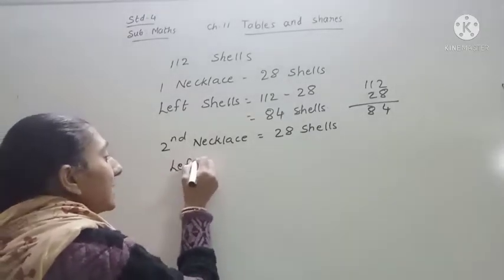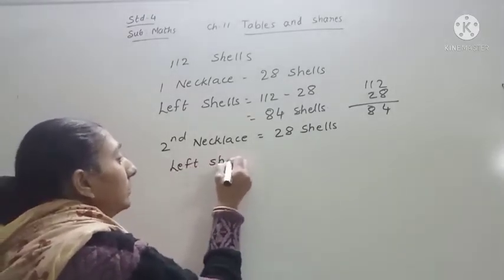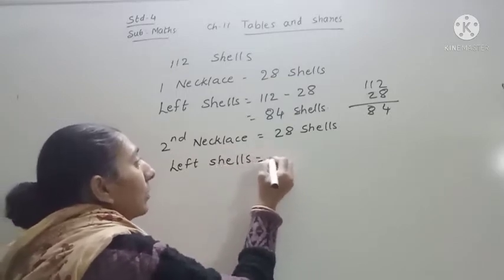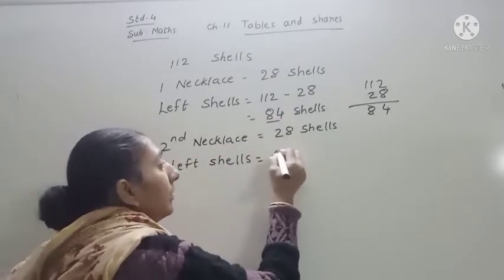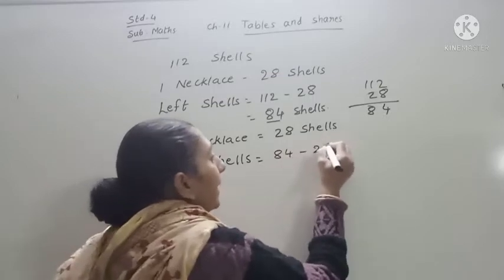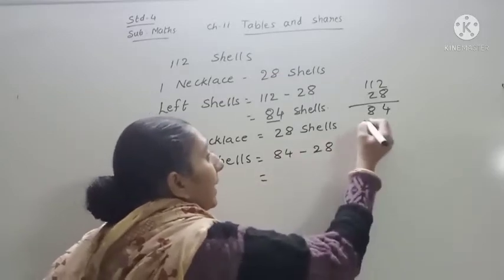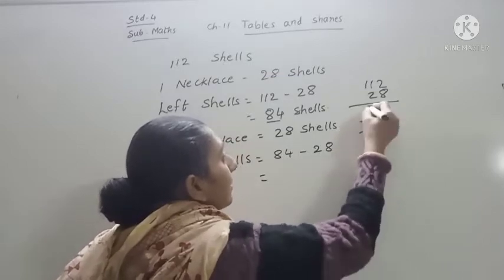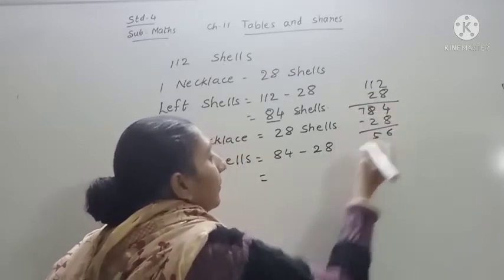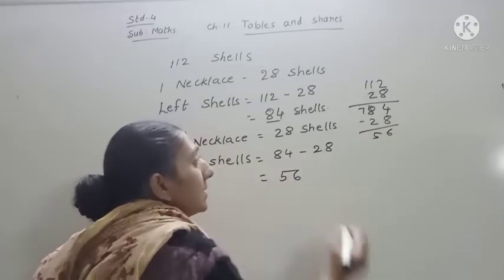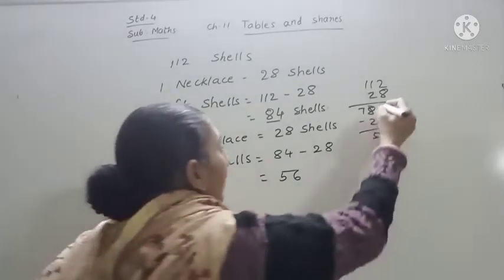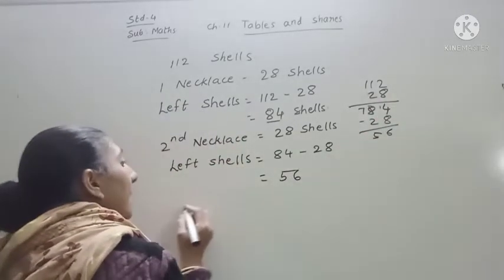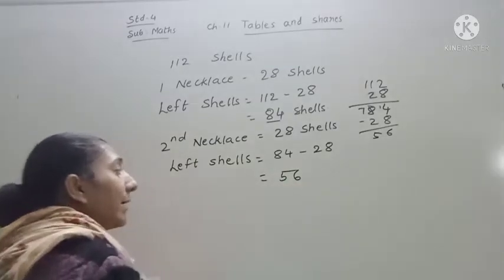Left shells is equal to 84 minus 28, which is 56. 56 shells are left with him.